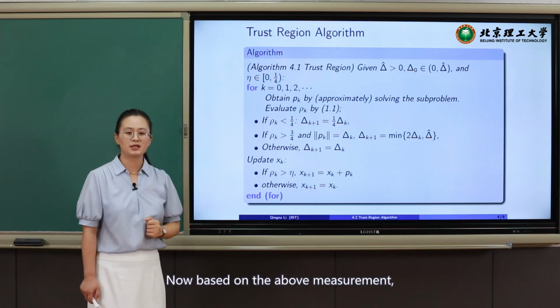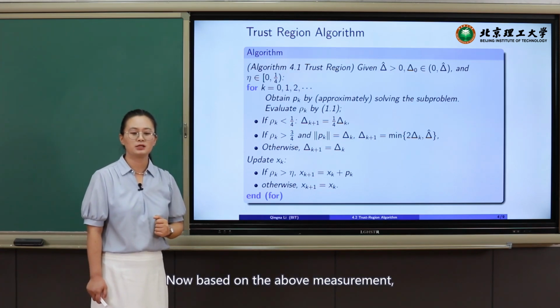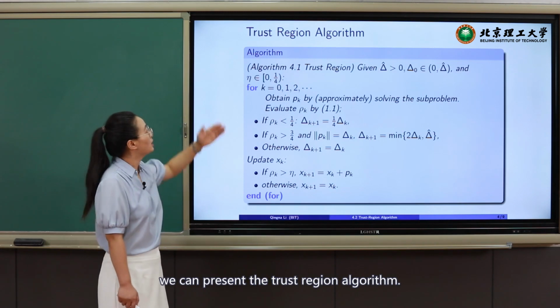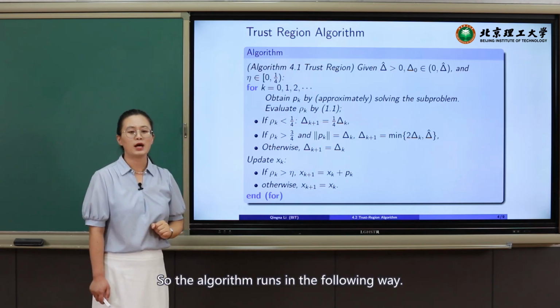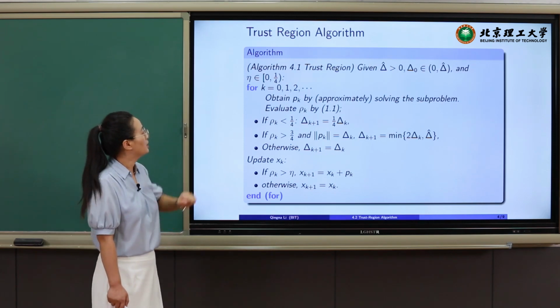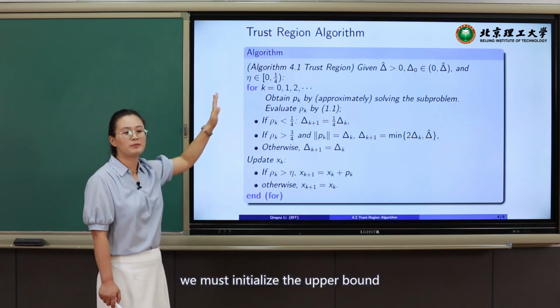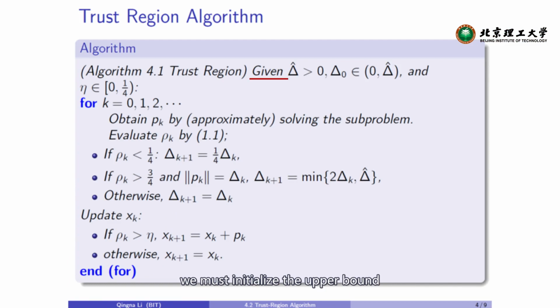Now, based on the above measurement, we can present the trust region algorithm. The algorithm runs in the following way. At the initial point, we must initialize the upper bound of the trust region radius, delta hat, and specify a starting trust region radius, delta 0, between 0 and delta hat.